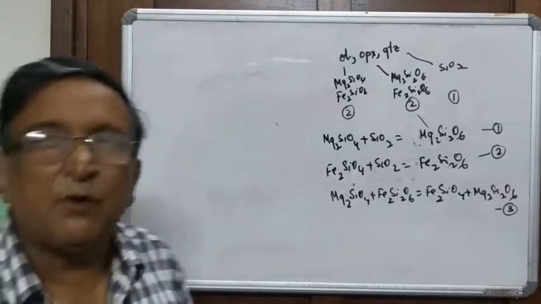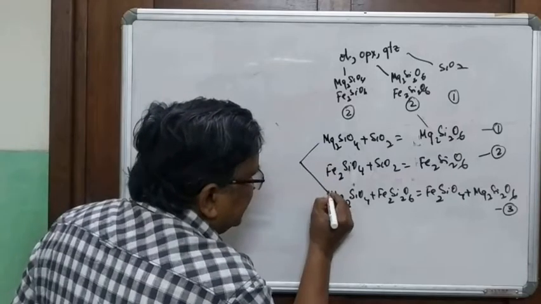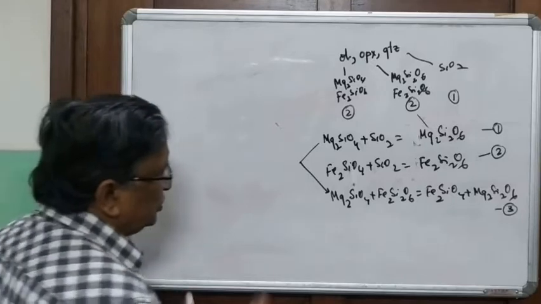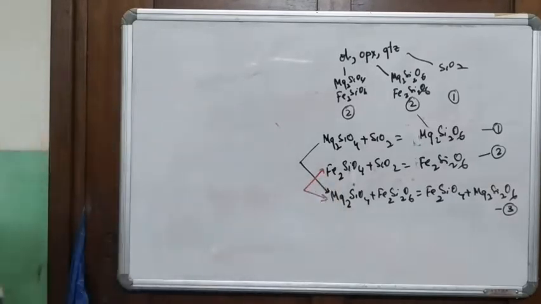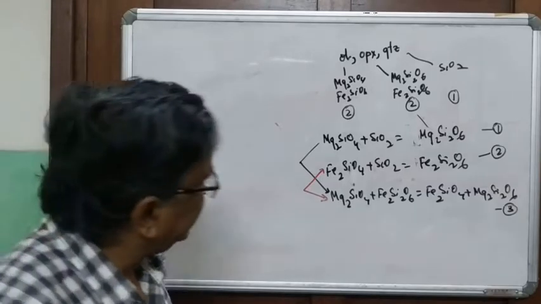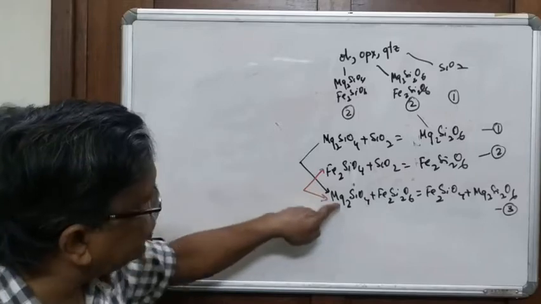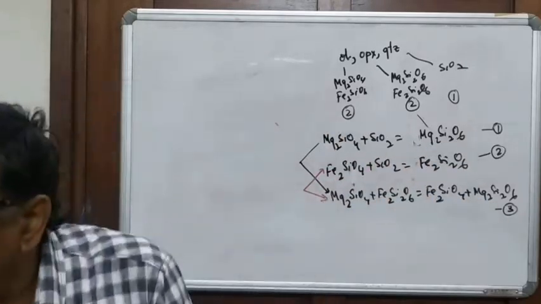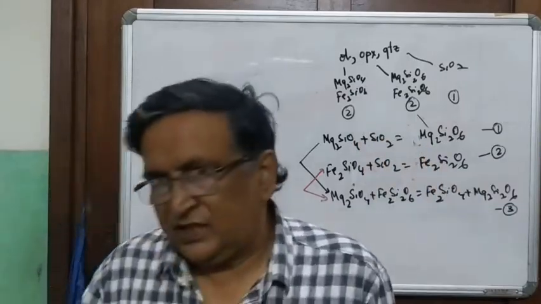But I, as a metamorphic petrologist, would take either this combination or that combination. I will take either 1 and 3, or 2 and 3. I will never take 1 and 2, although theoretically there is nothing wrong.